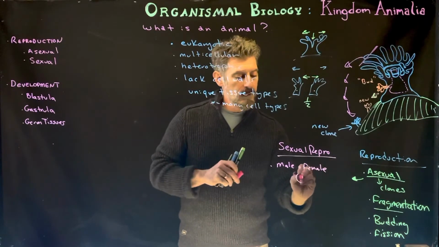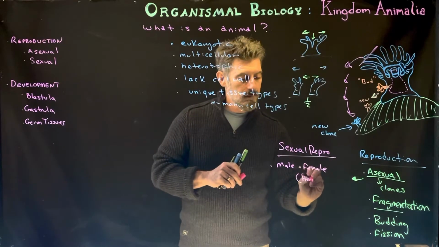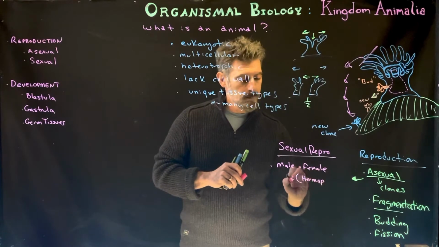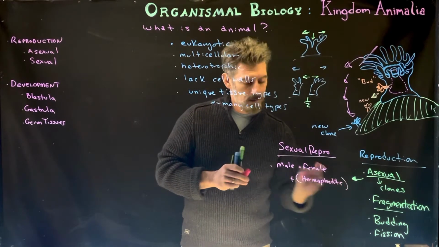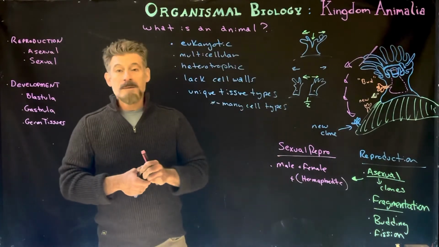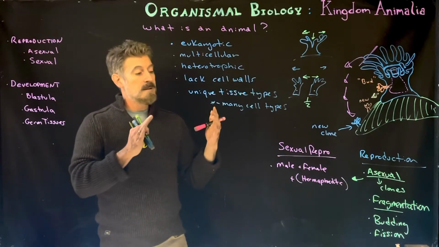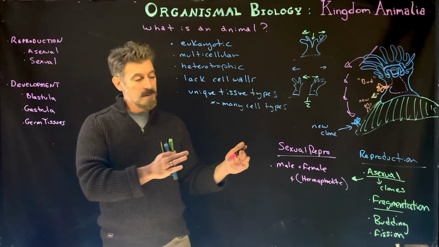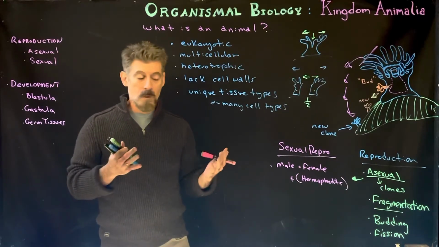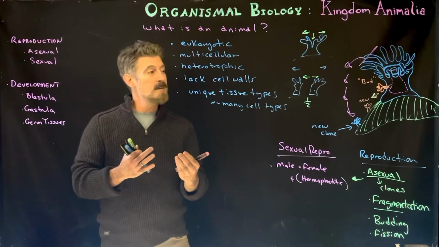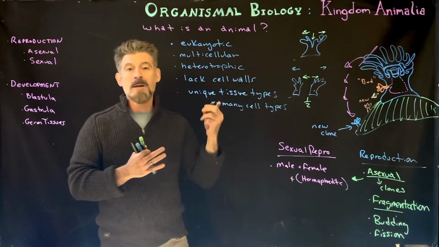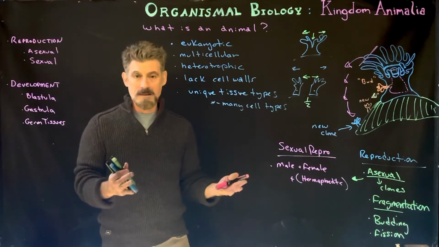But there are a number of organisms that are hermaphroditic. Organisms that are hermaphroditic display hermaphroditism in also a variety of different ways. So some, for example, are simultaneous hermaphrodites. That means they are a mature male and a mature female at the exact same time.